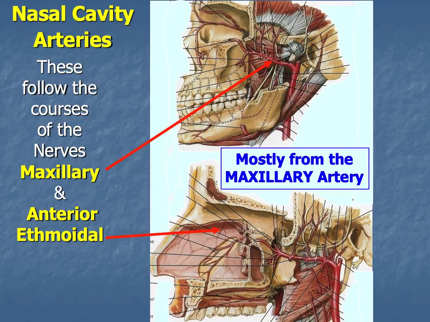I also note on this is the anterior ethmoidal artery, a small supply to a little area of the nasal cavity as an additional story, but that is not a priority. Please don't spend your time learning the anterior ethmoidal artery.